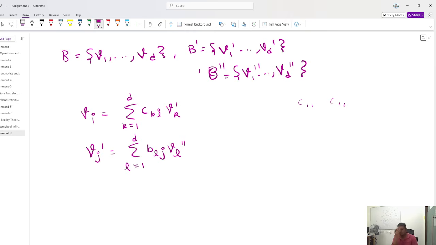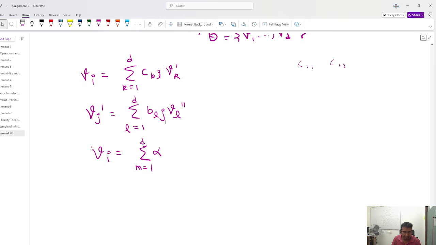Whatever I have written, I'm just writing in short form, not writing those long equations. Similarly, you can express Vi also as a sum over some M from 1 to D, with some scalars, let me call them alpha, so this is alpha M i times V N double prime, right?